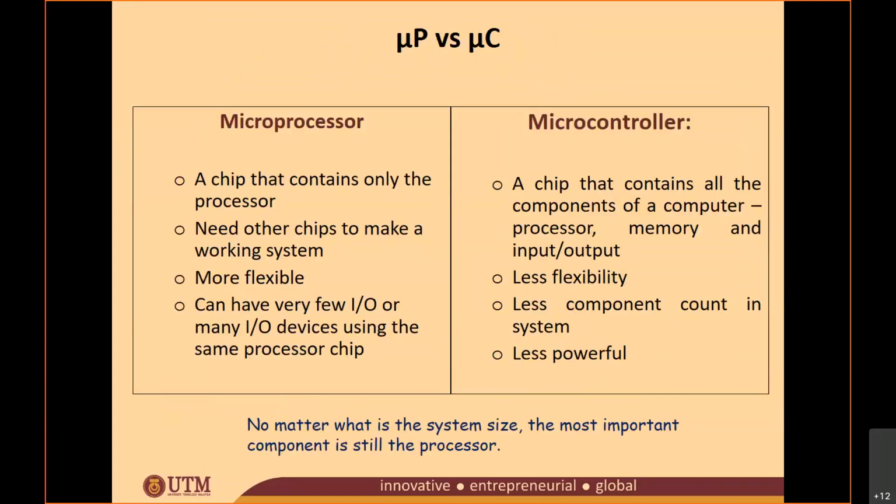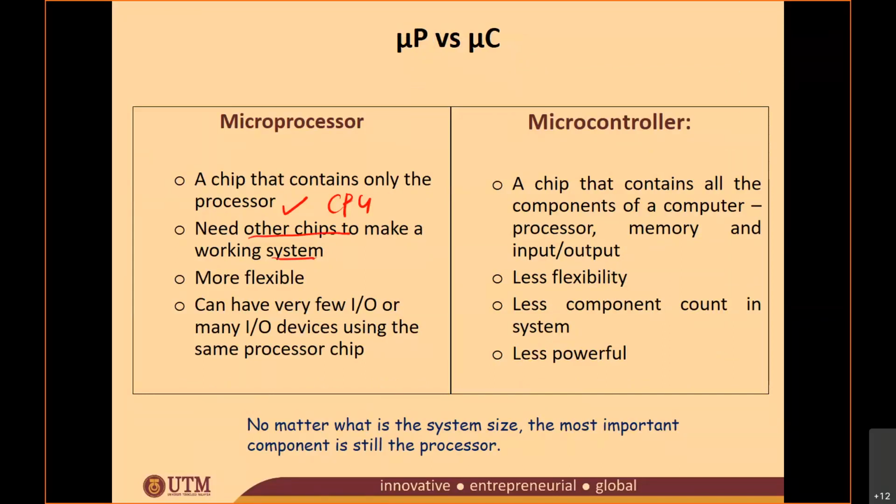So another difference between microprocessor and microcontroller is, this one is a chip that contains only the processor. Okay, microprocessor hanya ada CPU saja, but microcontroller dah ada CPU, ROM dengan RAM. So the microprocessor needs other chips to make a working system.